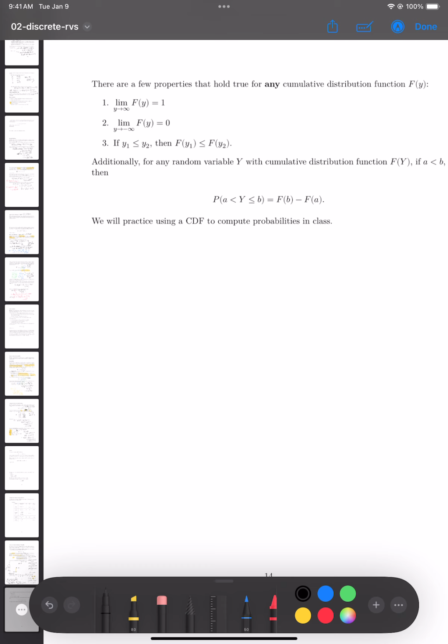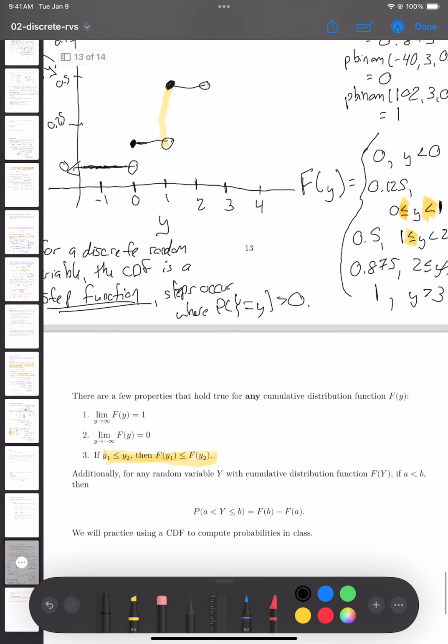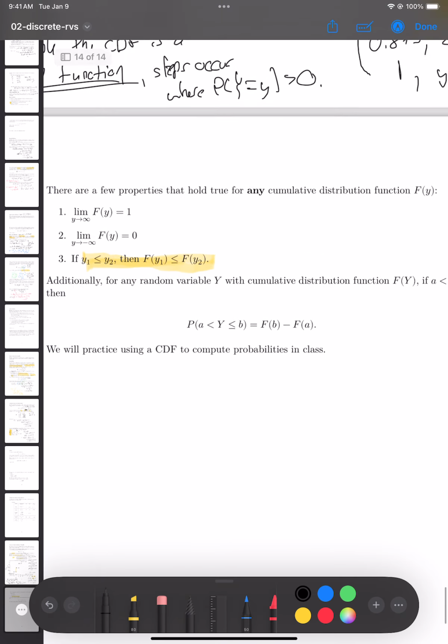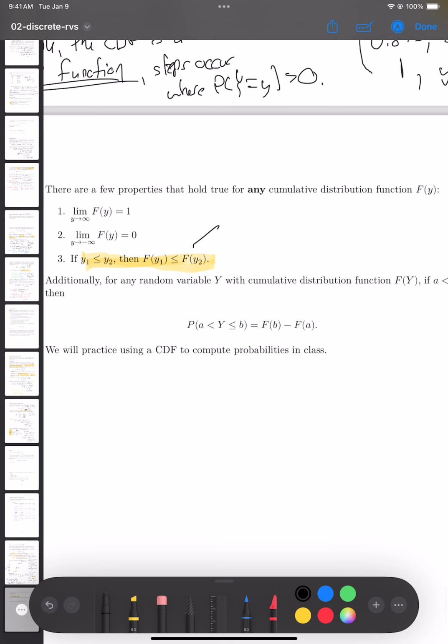The third property says that if you have two values, y1 and y2, and y1 is less than or equal to y2, then the CDF evaluated at y1 must be less than or equal to the CDF evaluated at y2. Again, we could see that in the graph, and what this property really says is that CDFs are non-decreasing functions.